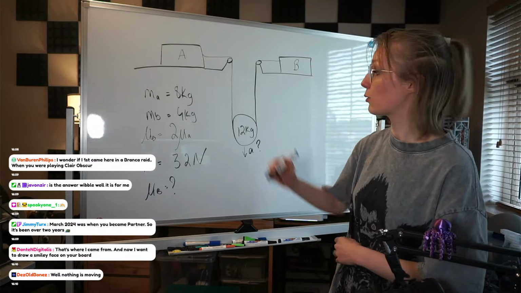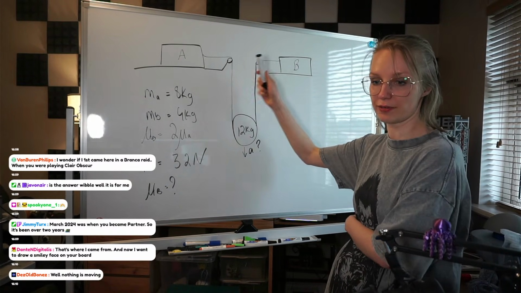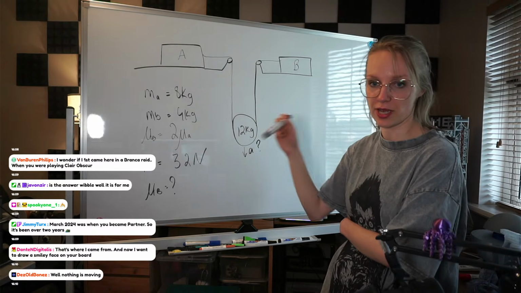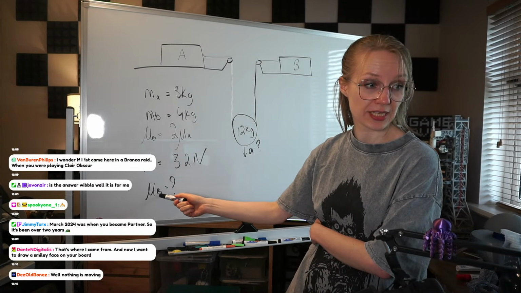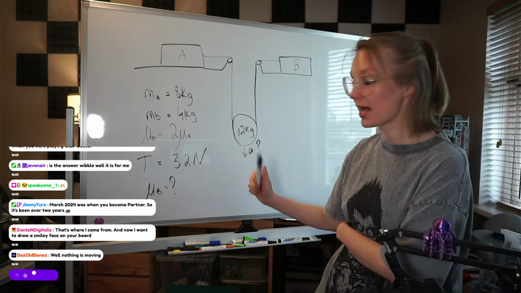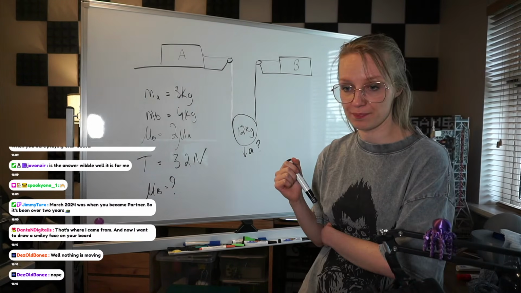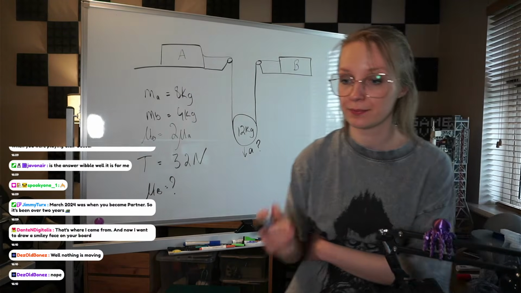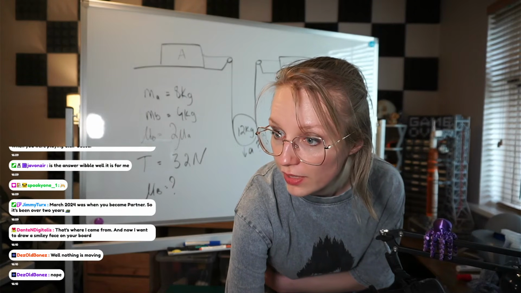Well, nothing is moving. Well, this is moving. This does move. The block moves in this direction. The block moves in this direction. This guy moves down. And so the question is, what is the coefficient of kinetic friction of B? And then part B is what is the acceleration of this block here? So that is the question of that paper.